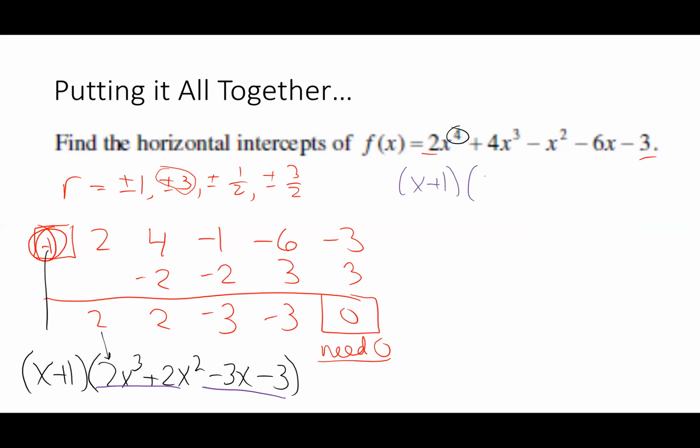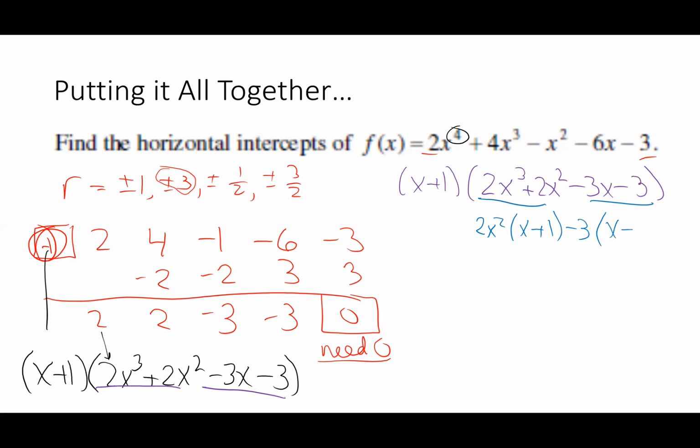And so now I'm just going to go ahead and break down this 2x cubed plus 2x squared minus 3x minus 3. And so let's try factoring. So if I use grouping here, I'm going to go ahead and take a 2x squared out here. I get x plus 1. I'm going to take a -3 out of here.